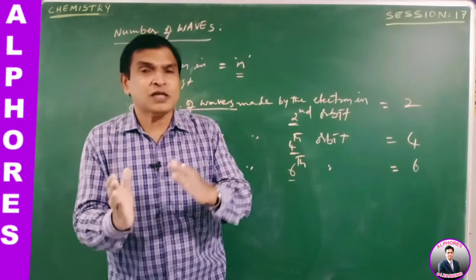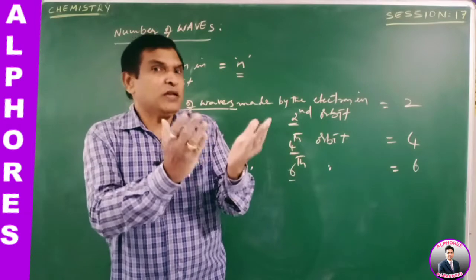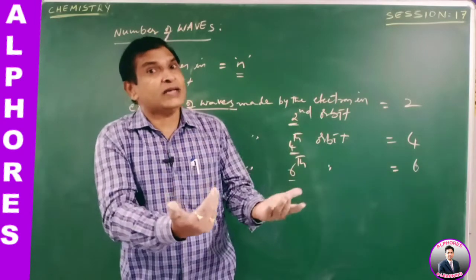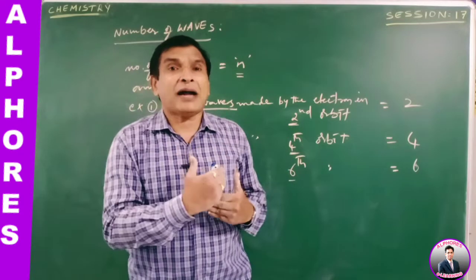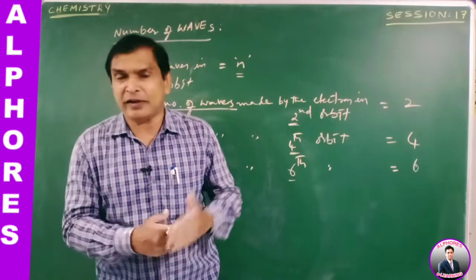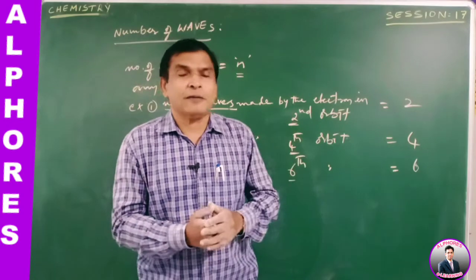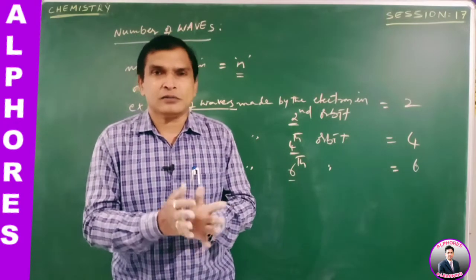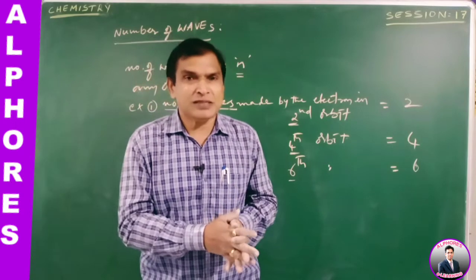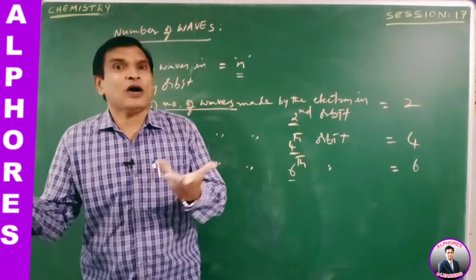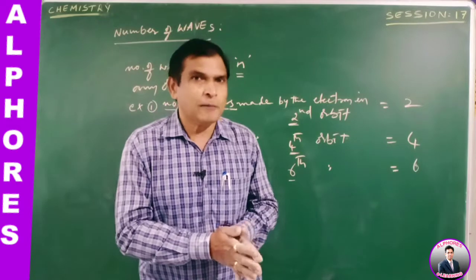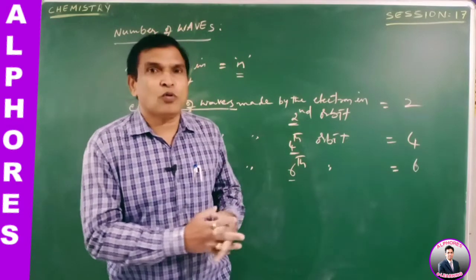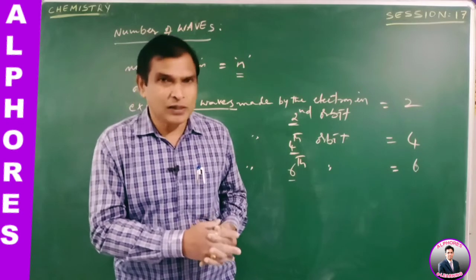That means it failed to explain the splitting of fine spectral lines in both magnetic and electric fields. Bohr's theory also does not explain electronic arrangements naturally, and does not explain the formation of chemical bonding. So these are some important drawbacks of Bohr's atomic model.